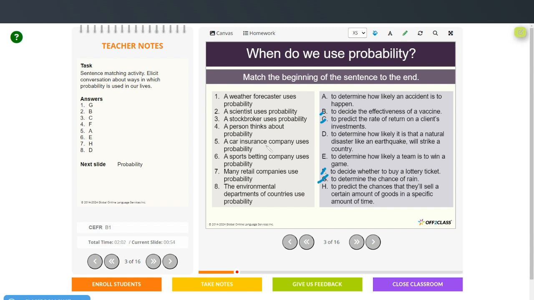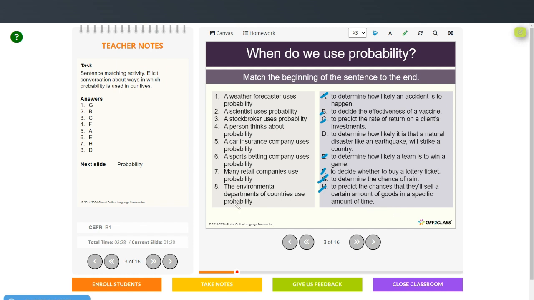A car insurance company uses probability to determine how likely an accident is to happen. A sports betting company uses probability to determine how likely a team is to win a game. Many retail companies use probability to predict the chances that they'll sell a certain amount of goods in a specific amount of time.